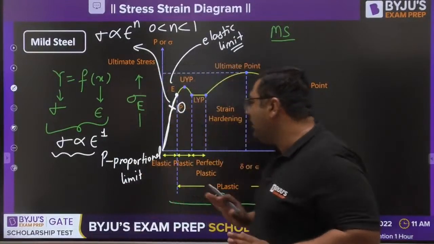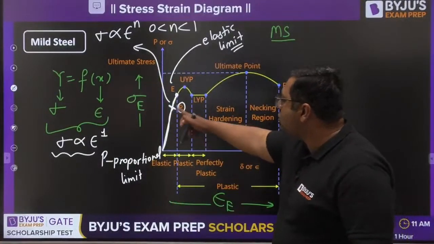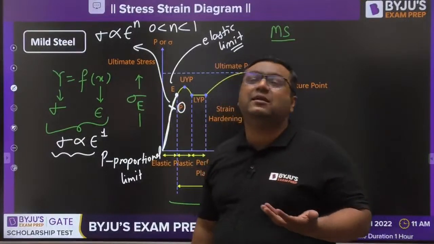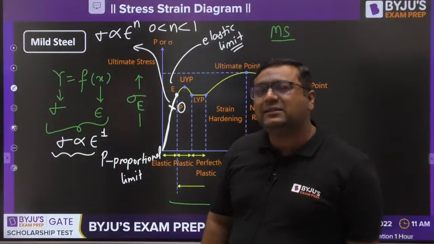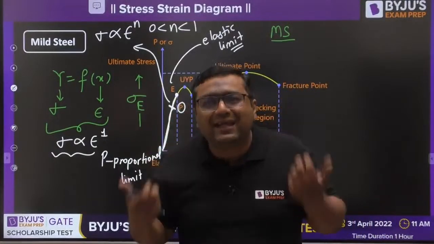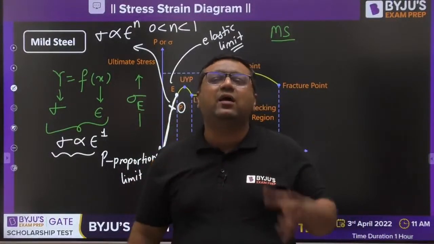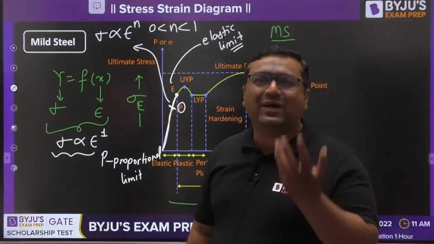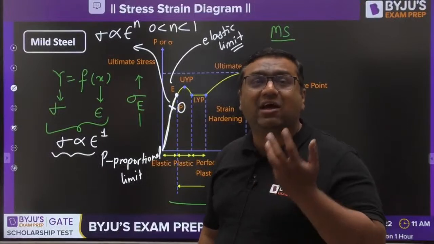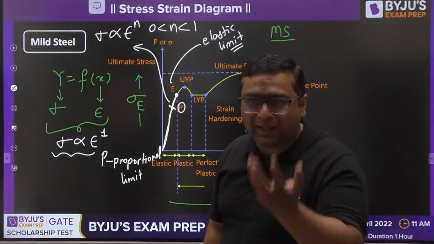So for now, I feel you understood what the proportional and elastic limits are and the reason behind them. Up to the elastic limit, as the bonds do not break, atoms attract each other, and because of that they come back to the original position after removal of load. The reason, once again, is that bonds are not breaking.